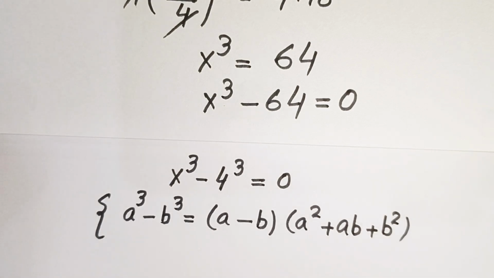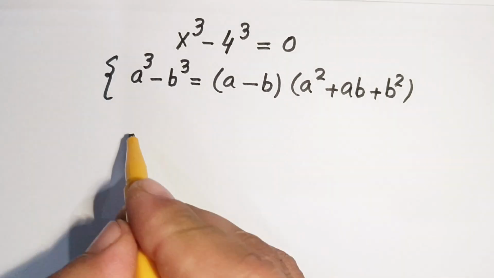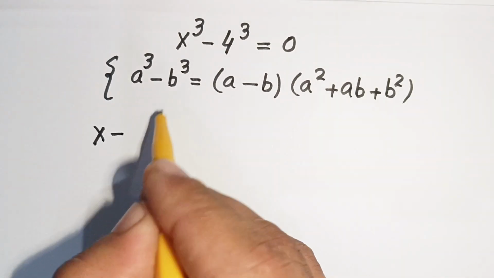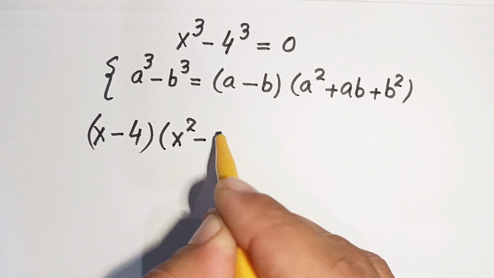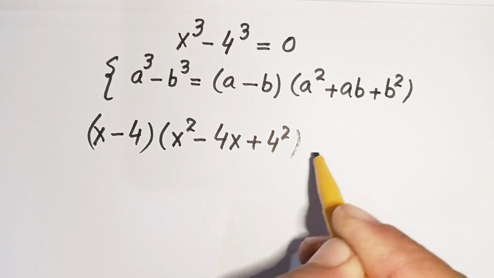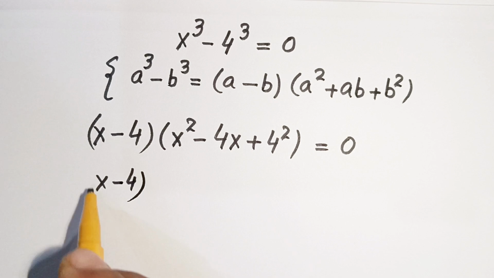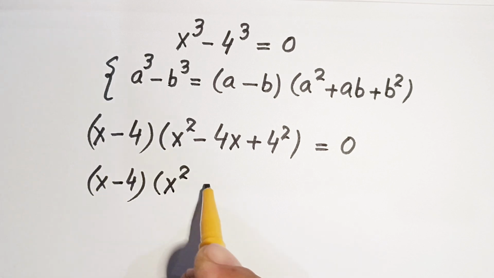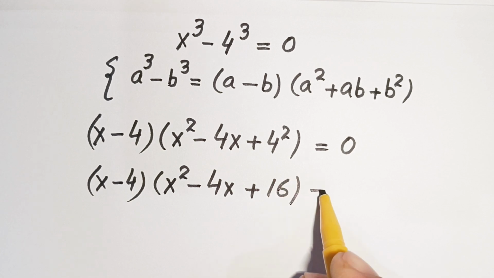Applying this identity, we get x cubed minus 4 cubed will be x minus 4 times x squared plus 4 times x plus 4 squared, is equal to 0. So x minus 4 times x squared plus 4x plus 16 is equal to 0.